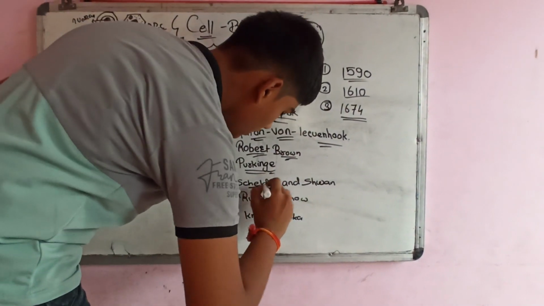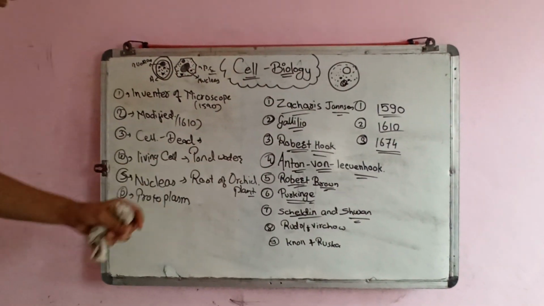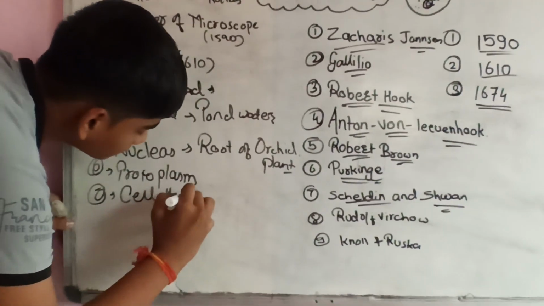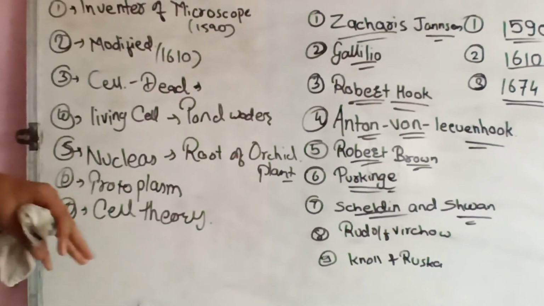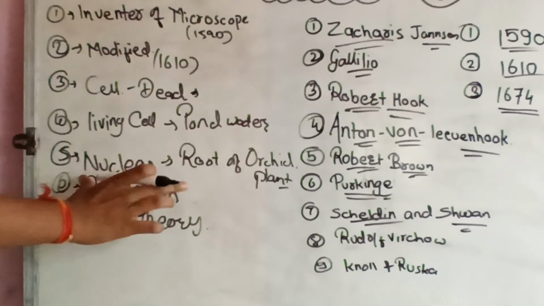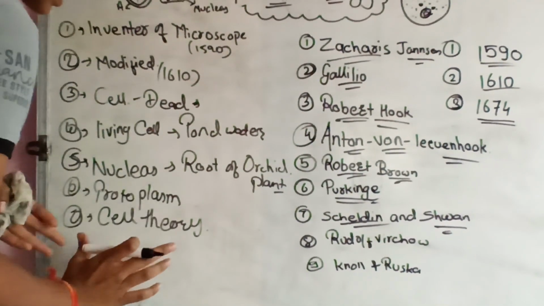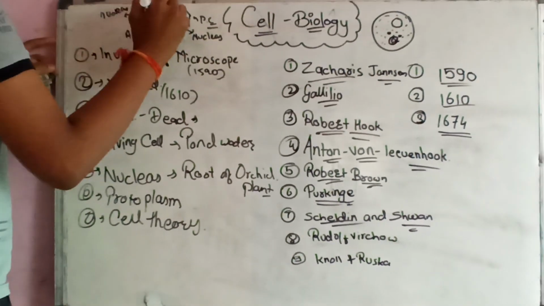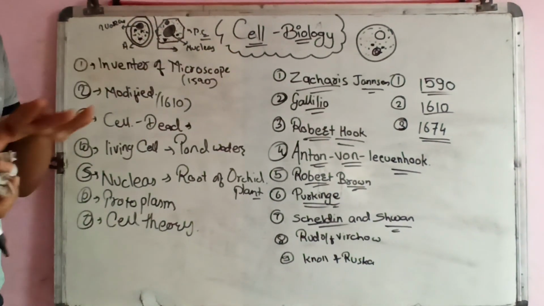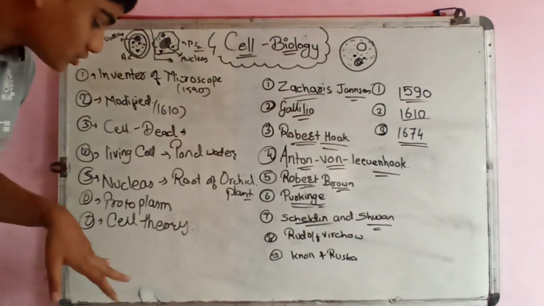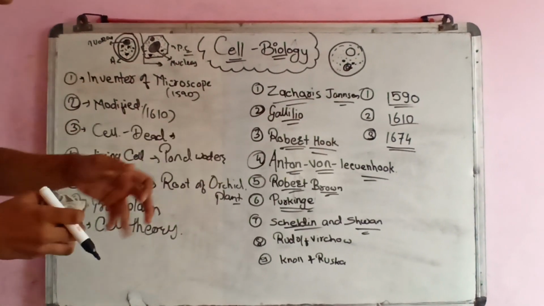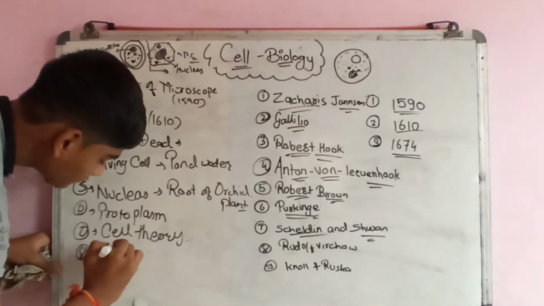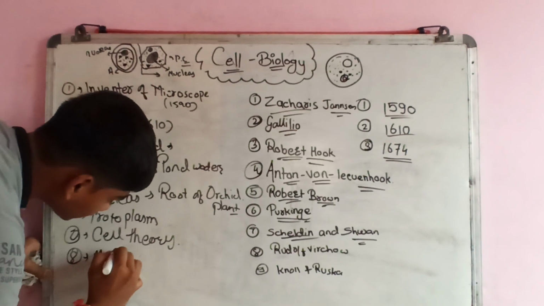Now Schleiden and Schwann proposed the cell theory with the help of this term protoplasm. They proposed the cell theory by seeing the plant cell, only the plant cell. Then Rudolf Virchow was a scientist who modified this theory.